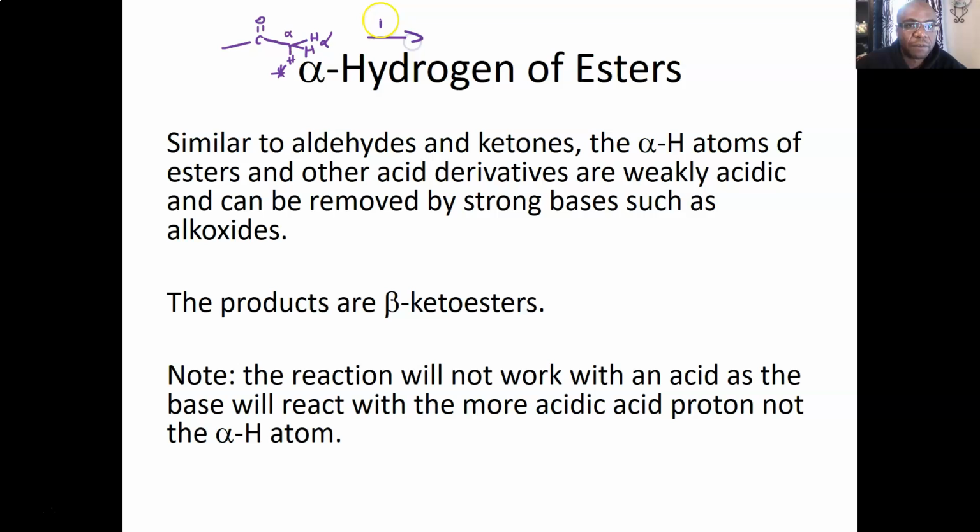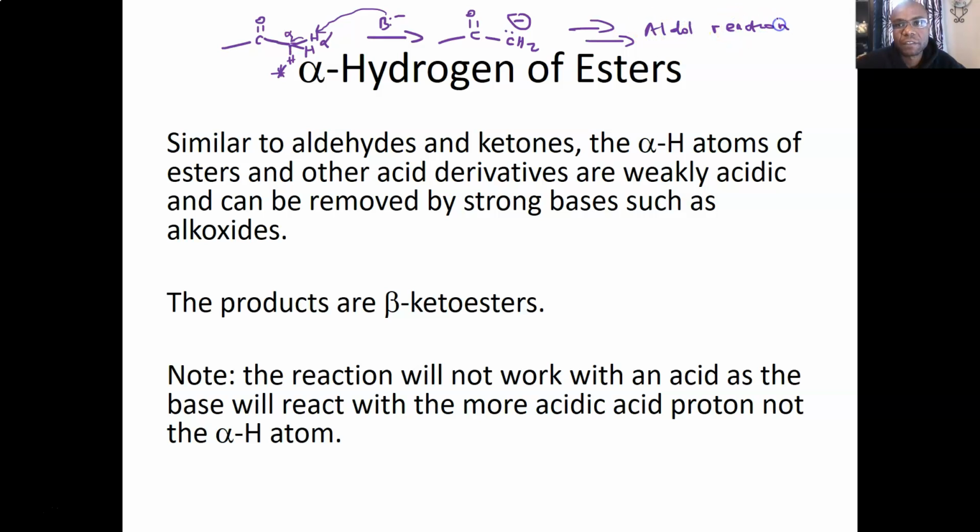And we said if you have a base, one of the alpha hydrogens can be taken out, and you end up with a carbanion. For example, this carbanion can be used as a nucleophile to do an aldol reaction.